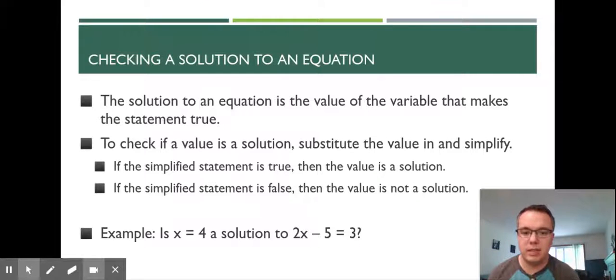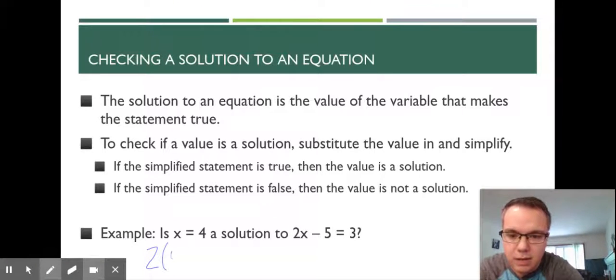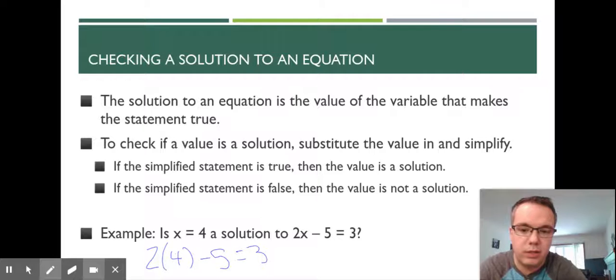So our example is: x equals 4 is a solution to 2x minus 5 equals 3. Well, if we plug in 4 for x, and then we're going to simplify this side. So we're going to do our multiplication first. So is 8 minus 5 equal to 3? And 3 equals 3.